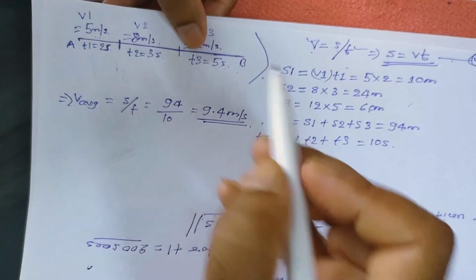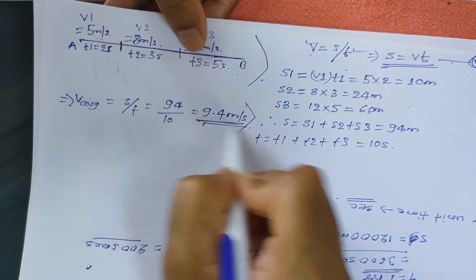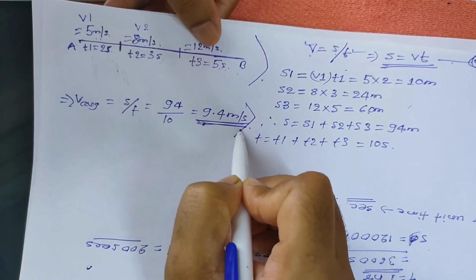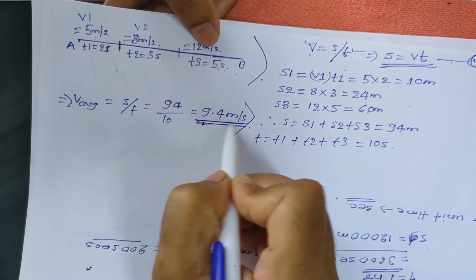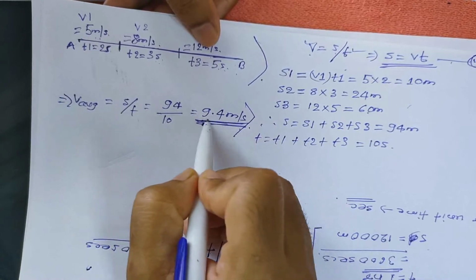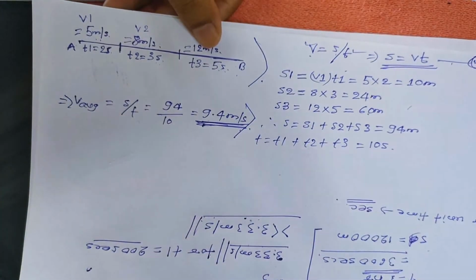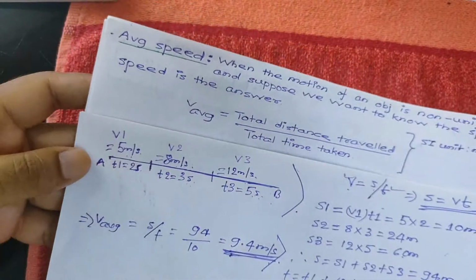So the answer of the question is 9.4 meter per second. So you can say the object traveled at an average speed of 9.4 meter per second.